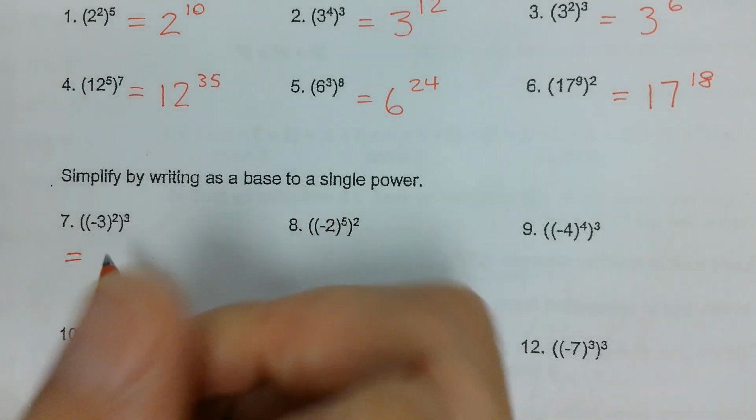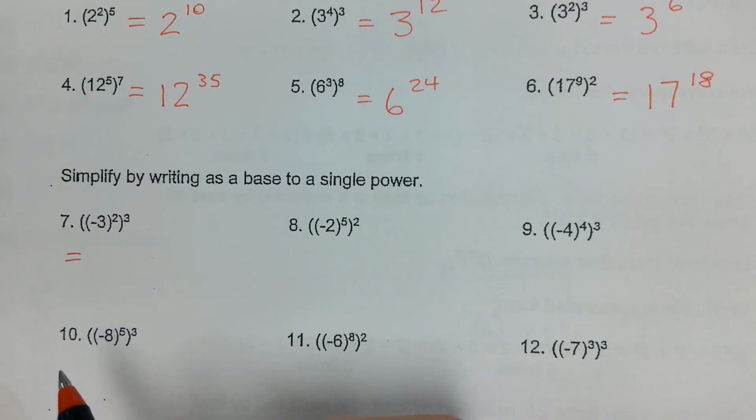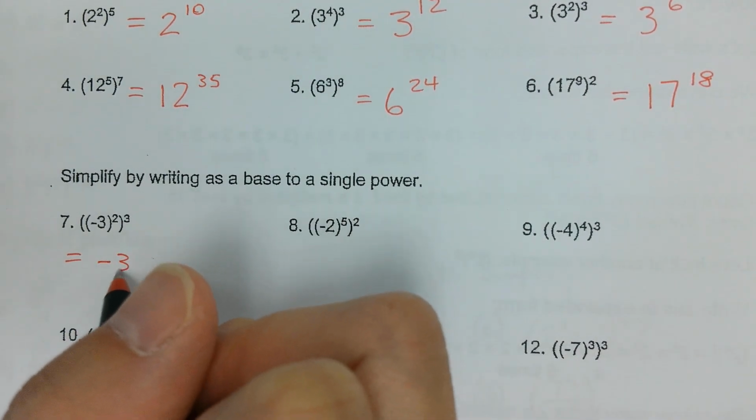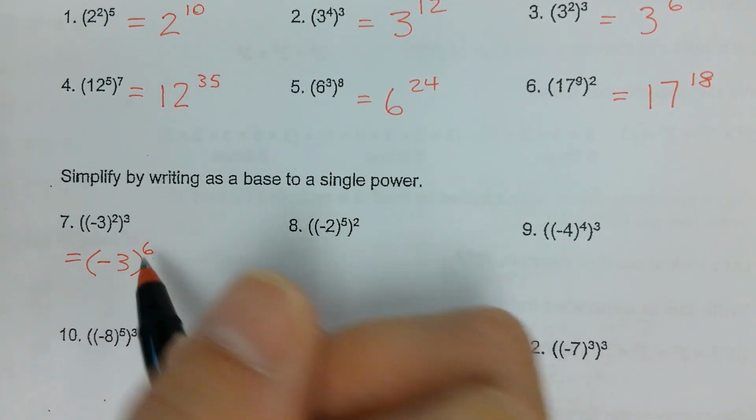Wonderful. Now here, with so many brackets, same rule applies. Just because there are more brackets doesn't mean you do anything different. Sean, how would you write your answer exactly for this one? (-3) to 6. Awesome.